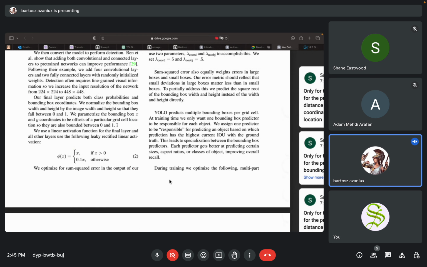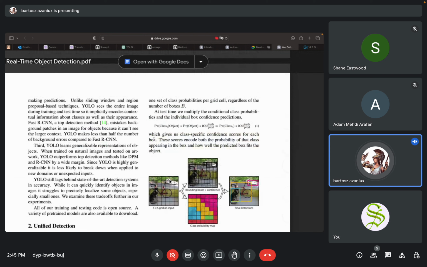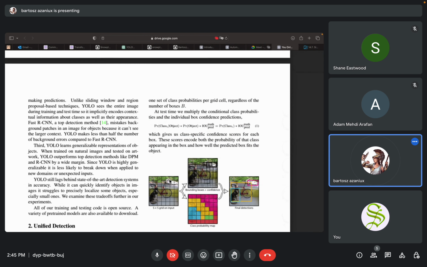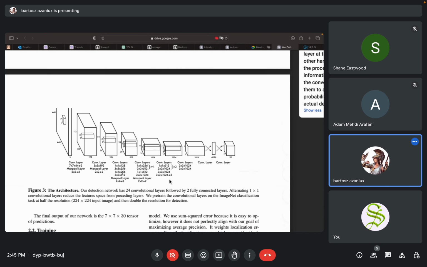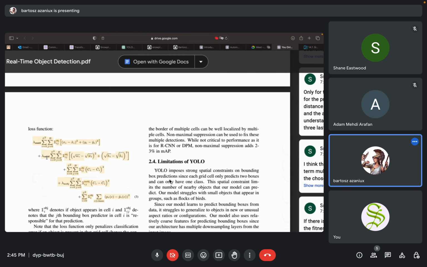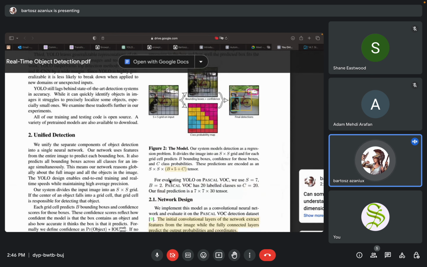And this is kind of how they train it. Now, this was what I found a bit confusing as well, but they only calculate the IOU for only the cells that have the object as a center, right?